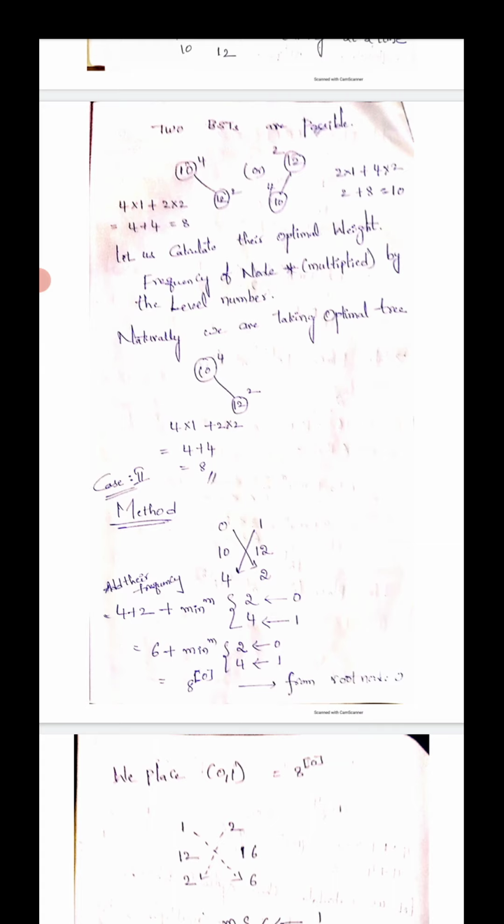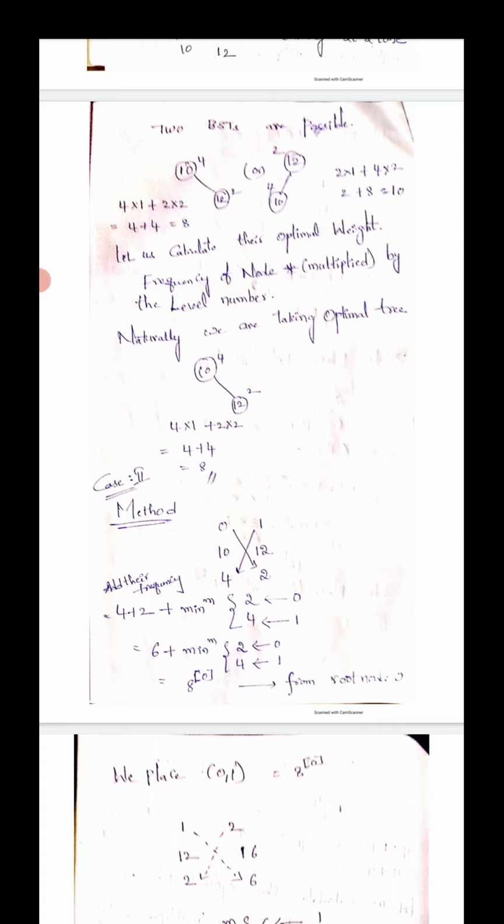In place of 0 it will be assigned 2, and 1 will be assigned 4. Now adding 4 plus 2, how much? 6, plus the minimum of 2 and 4. Which value is minimum? 2 is the minimum value, so we add 6 plus 2, 8.